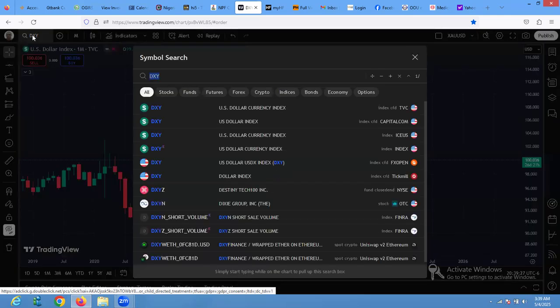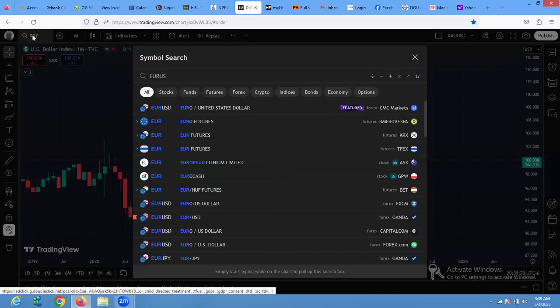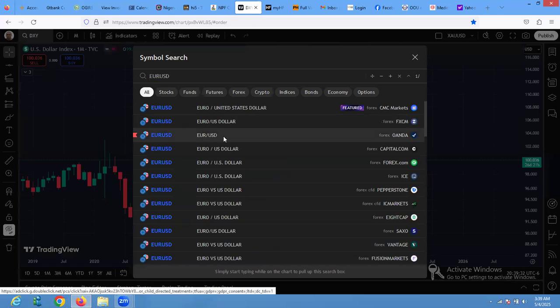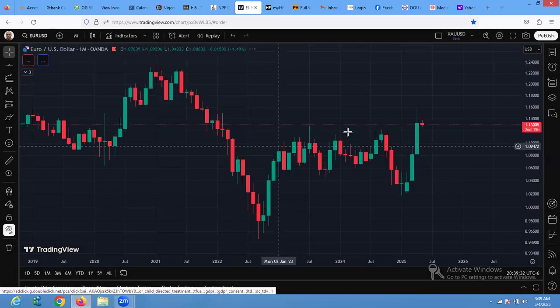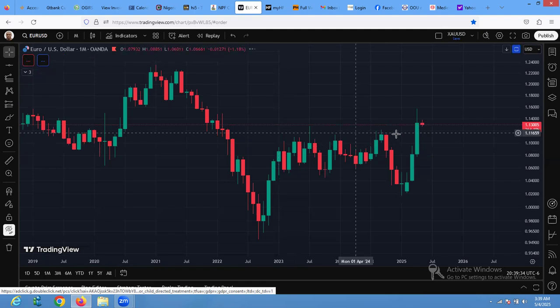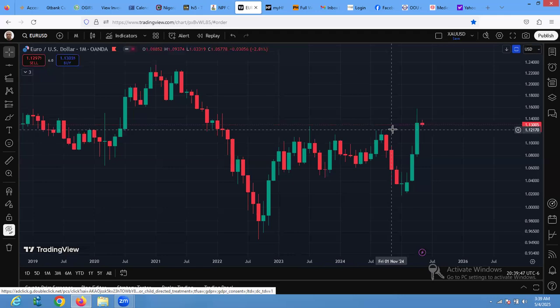Now, looking at Euro Dollar as well, yeah, the same thing. The first place is around this place. You should be looking from this tip here, the area around 1.1200, and this area also around 1.1300.